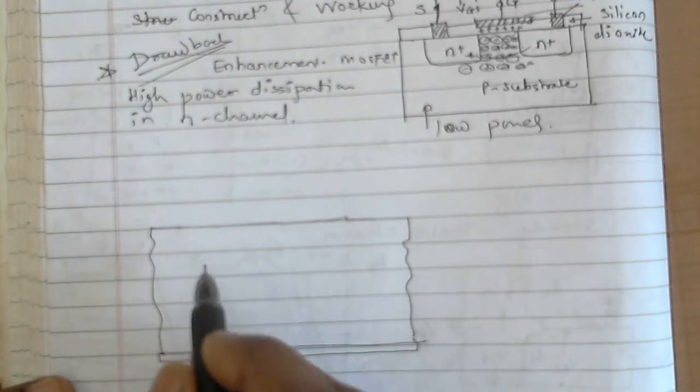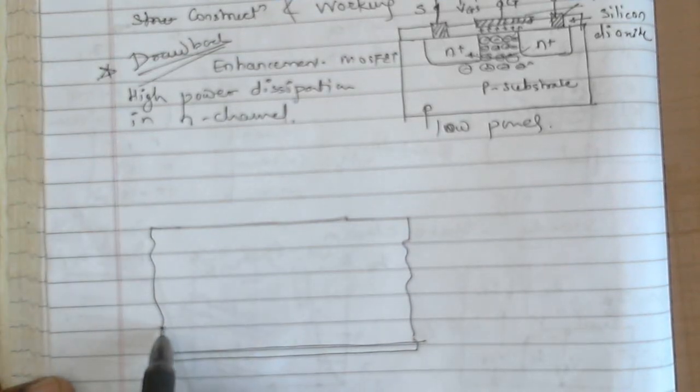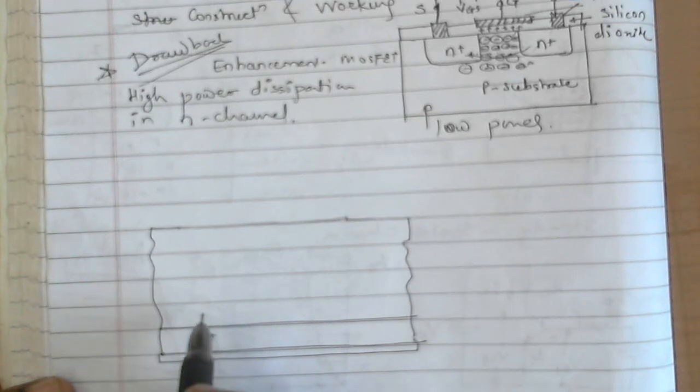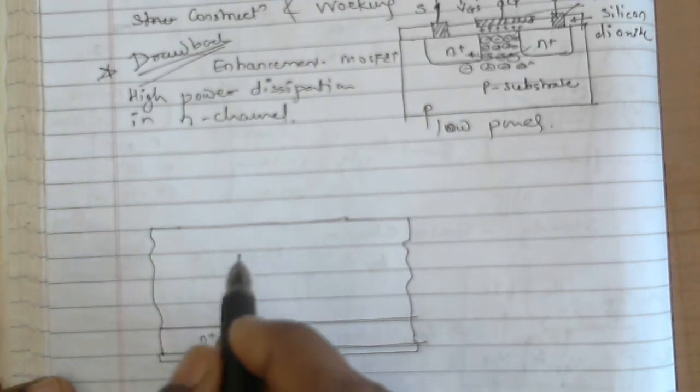So here the downmost layer is an n plus layer, a highly doped n plus substrate.